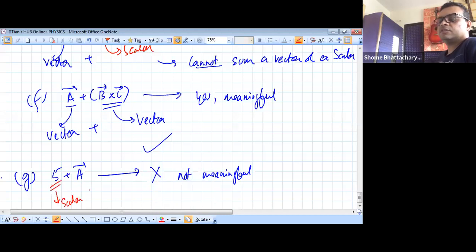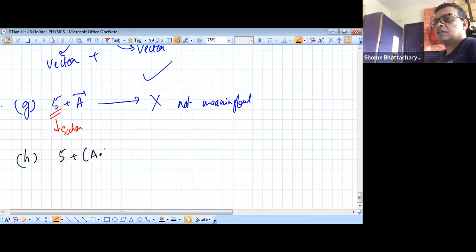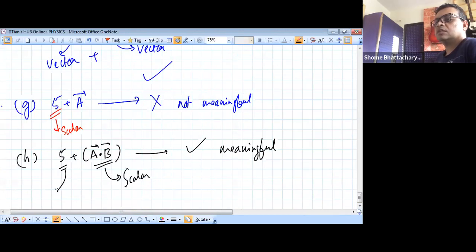You cannot add a scalar with a vector. But the final option H, you can see that one makes sense, because there you got 5 plus e dot b. So this is meaningful. Why? Because this is also a scalar and this is also a scalar. So scalar plus scalar is allowed. But here a scalar plus a vector is not allowed. So this is the kind of logic you have to use in this question.